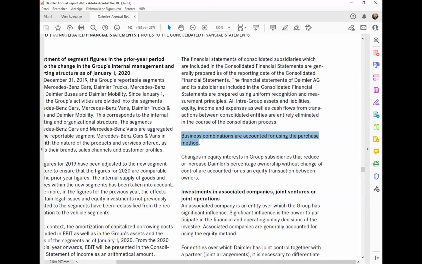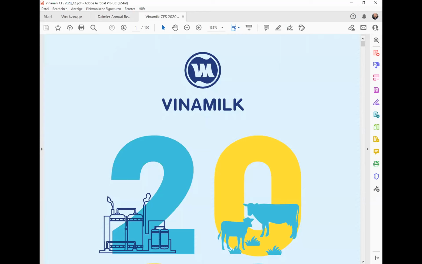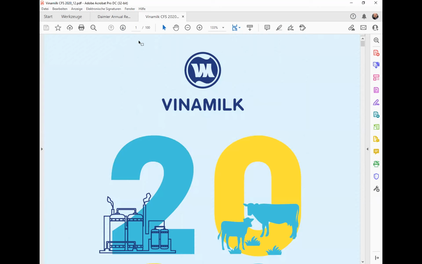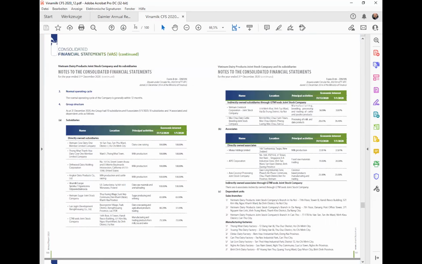So I will close this now and go to the Wiener Milk. Oh, that works great. So 153. Okay, so that is half of it. Half of 153 is around 176, something like that.